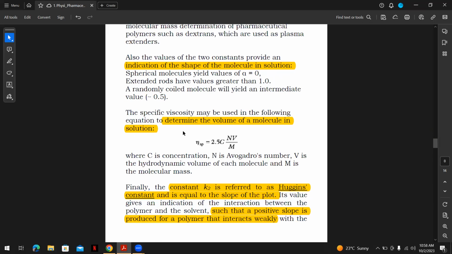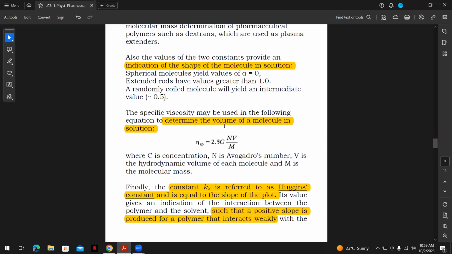So the specific viscosity, NSP, you remember from up here, NSP over the concentration is the reduced viscosity. I'll ask a few of us to give a summary once we conclude, because it's just an introduction. I think we'll cover more at night. The specific viscosity may be used in the following equation to determine the volume of a molecule.